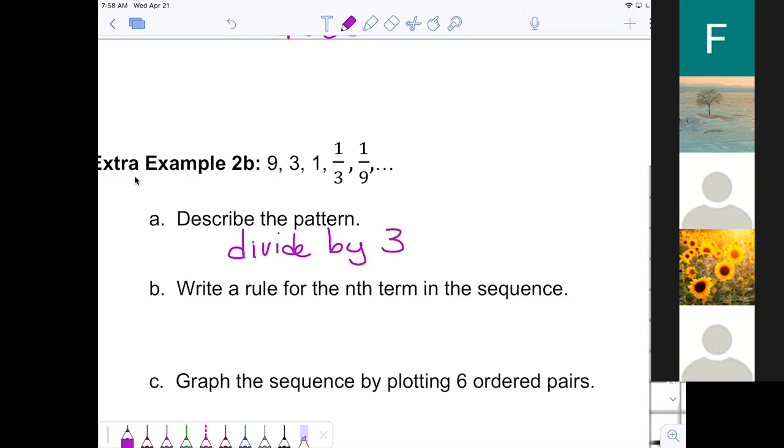Jaden, what do you think? So I know it would be like a sub n equals n divided by 3. But then I don't know what you would need to do to get to that 9 to start with. That's what I'm confused about. Yeah. So you're right. We need to be able to get to that 9 by plugging in a 1. So what could you do with that n?